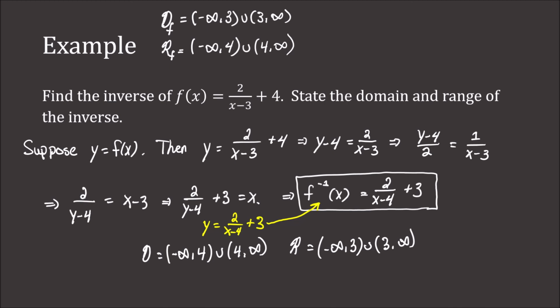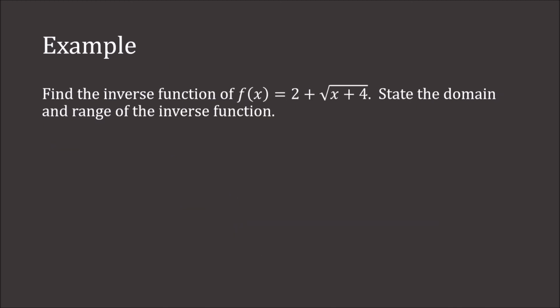So let's look at one more. Find the inverse of 2 plus the square root of x plus 4. So again, the first thing we want to do is show that it's 1-to-1, because if it's not 1-to-1, then it doesn't have an inverse.